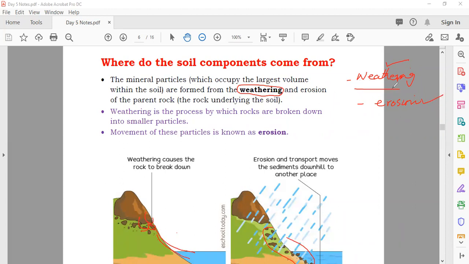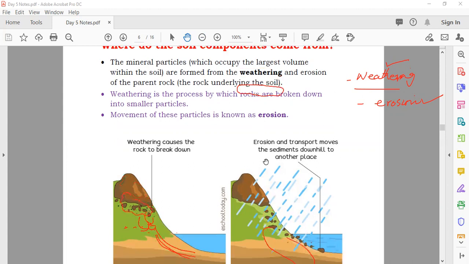Once again, weathering means the breakdown of rocks into smaller pieces, and erosion means these small particles move from one place to another with the help of water, air, snow, and sometimes floods. This is known as erosion.